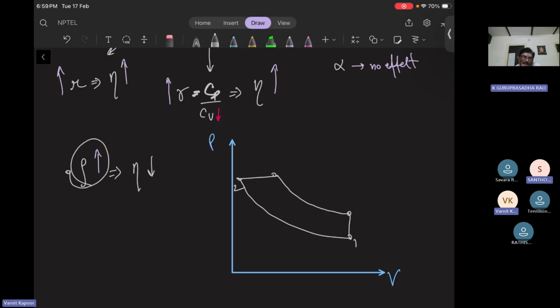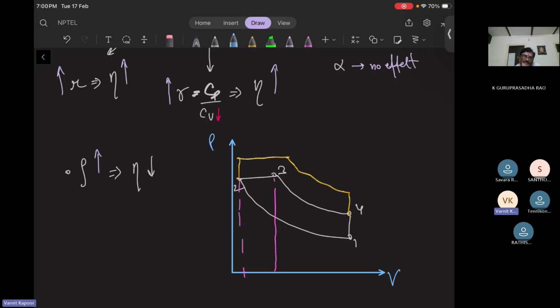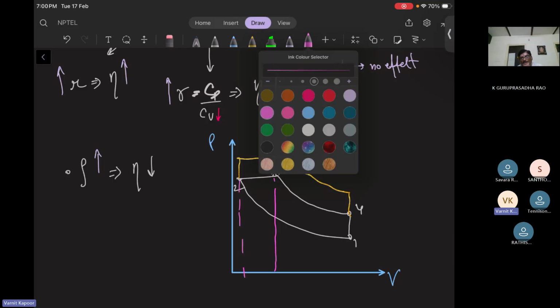That is rho, the cutoff ratio. Eta is efficiency, sir. The left side symbol sir has written is rho, that is cutoff ratio. The right side symbol sir has written is eta, that is efficiency. Okay, thank you.